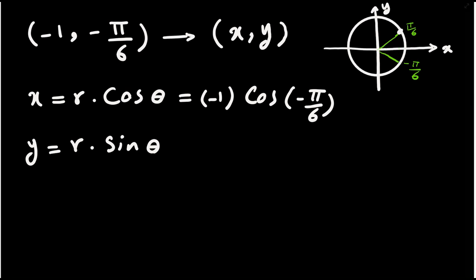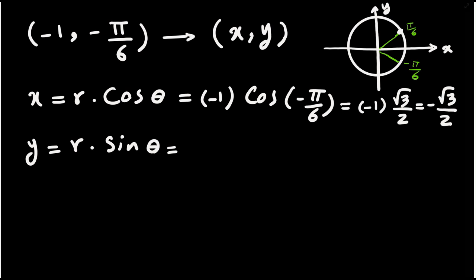So cosine of pi over 6 and cosine of negative pi over 6 are equal to each other. Actually, cosine of alpha and cosine of negative alpha are equal to each other. So cosine of negative pi over 6 is also the square root of 3 over 2. So we have -1 times the square root of 3 over 2, so x is negative square root of 3 over 2.